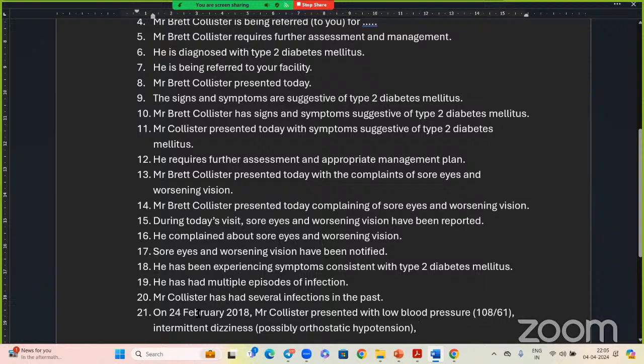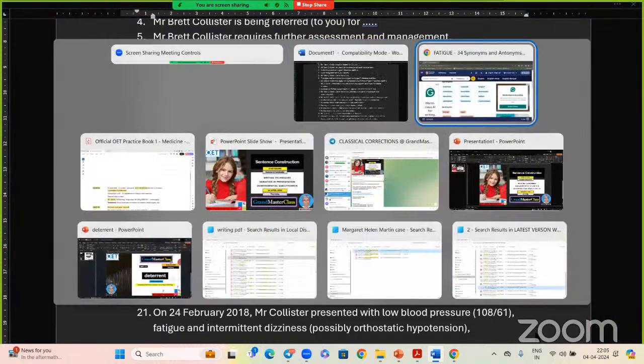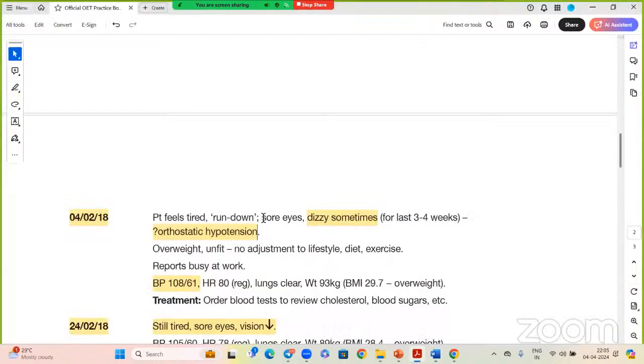So you can say on 24 February 2018, Mr. Collister presented with low blood pressure. You can say fatigue and intermittent dizziness, possibly orthostatic hypotension. So how you are getting those things? And so rise. Okay, patient feels tired.